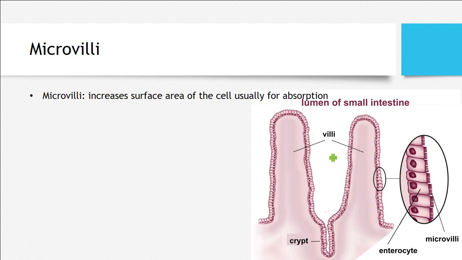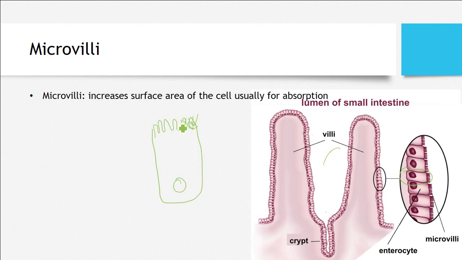So here, if we look at one of these cells over here, let me just flip it around and redraw this cell. So what I'm drawing right now is the microvilli. Here's the nucleus. The microvilli allow lots more surface area.